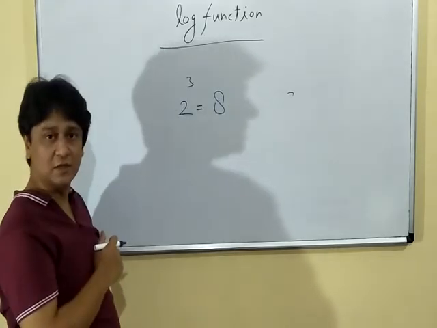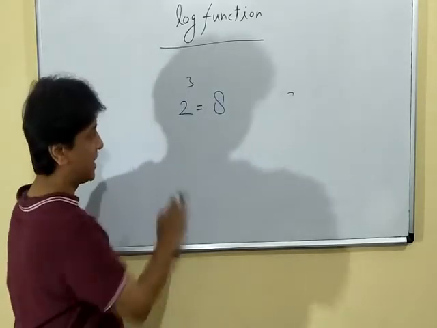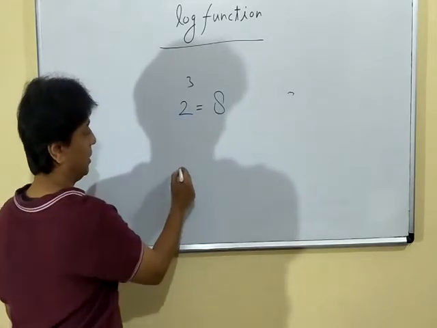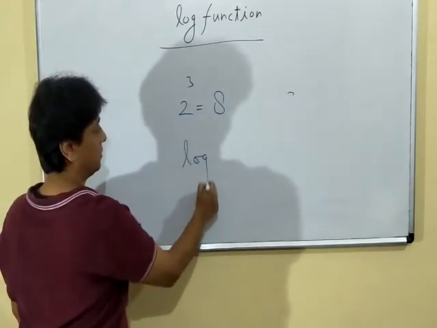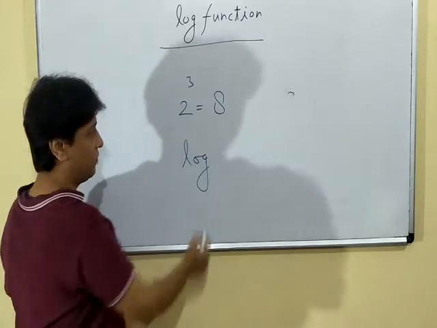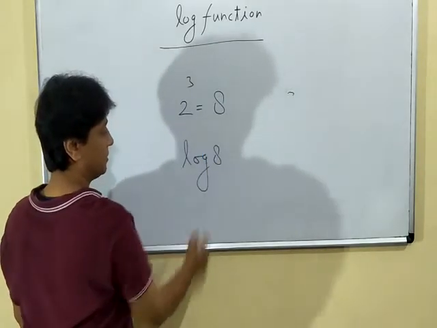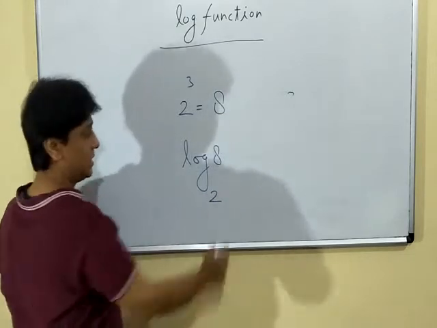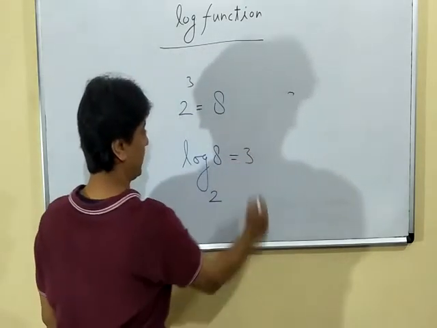Now let's see how we can write the same thing with the help of log. Log of 8 on base 2 is equal to 3.